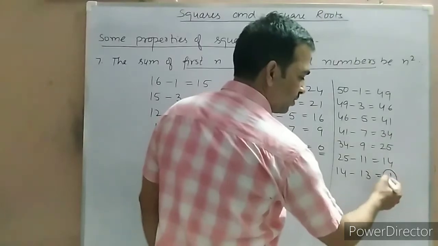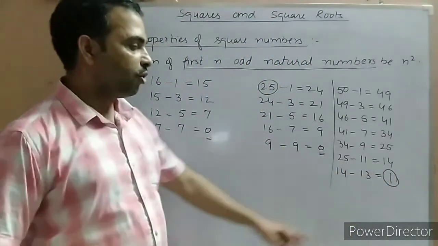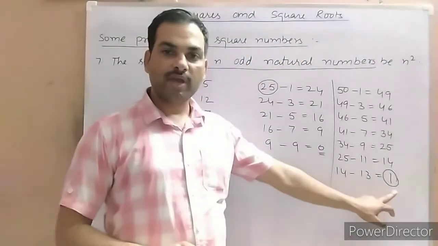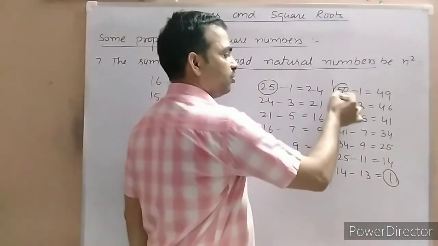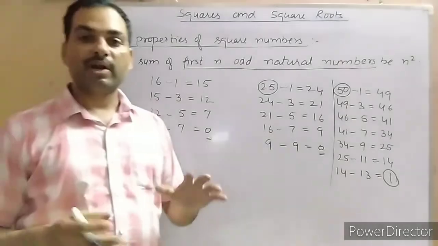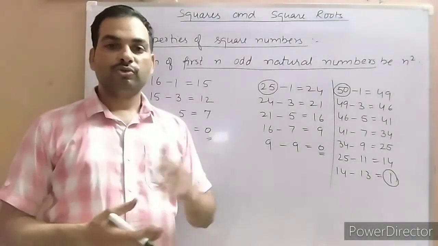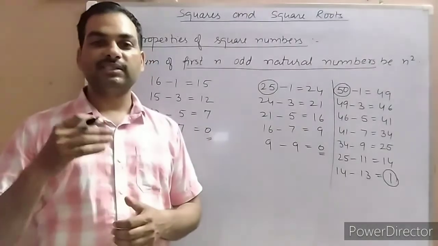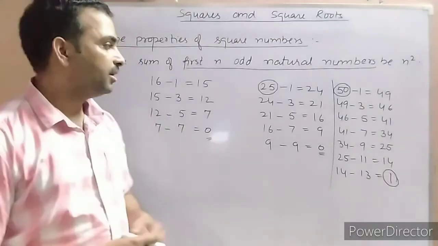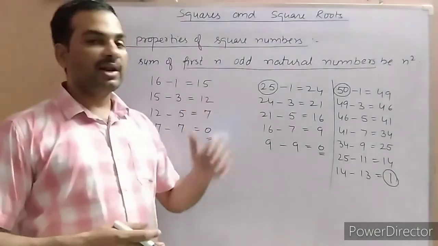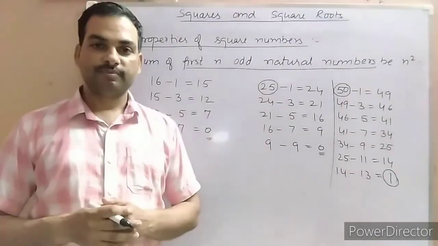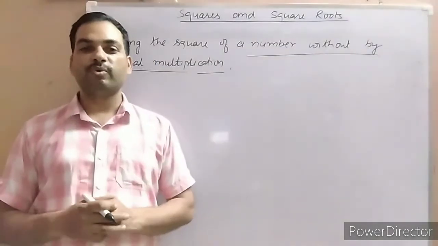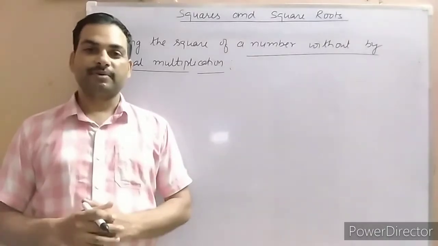So here you can see that this is a non-zero number, 1. Therefore we can say that 50 is not a perfect square number. So you can check by successive subtraction whether a given number is a perfect square or not.